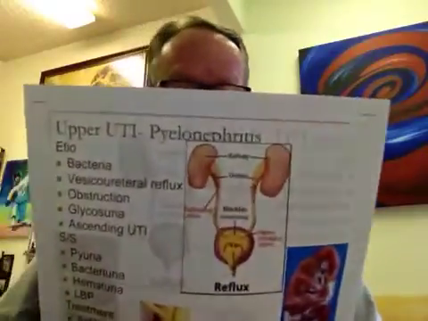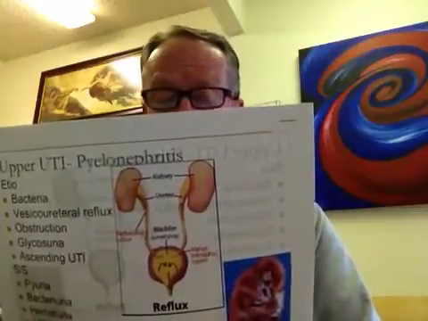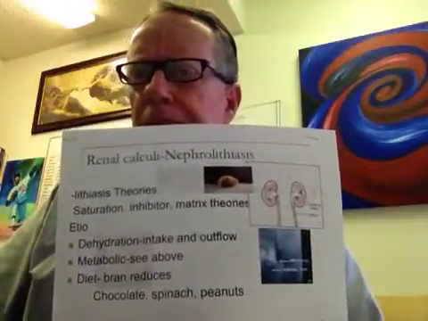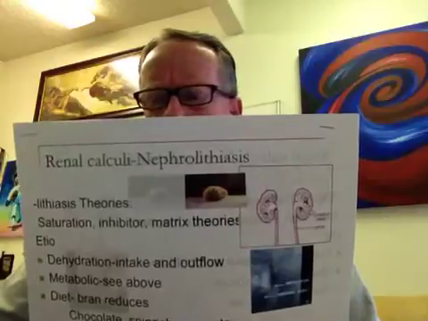Signs and symptoms we've listed for you previously in terms of pyuria, bacteriuria, hematuria, low back pain. Treatment for that is antibiotics. And then the scourge of middle-aged people, particularly men, is the formation of stones.